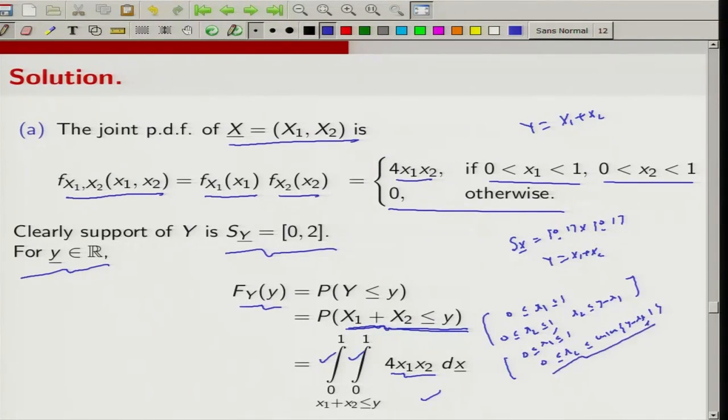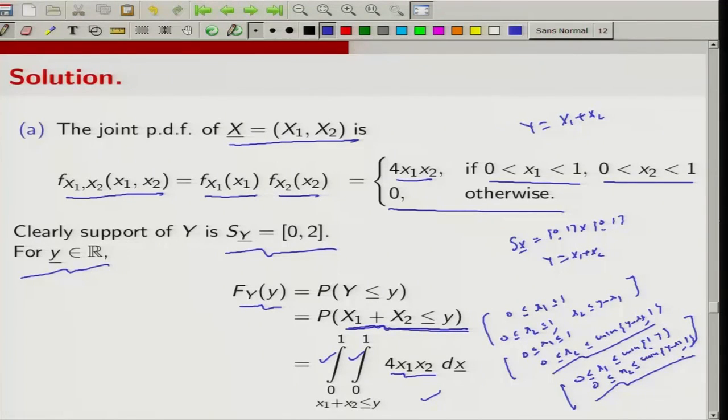But for this range to be non-empty, each of these terms should be greater than or equal to 0. So, y minus x1 should be greater than or equal to 0, which means x1 should be less than or equal to y. So, x1 is greater than or equal to 0 and less than or equal to the minimum of 1 and y, and x2 is greater than or equal to 0 and less than or equal to the minimum of y minus x1 and 1.